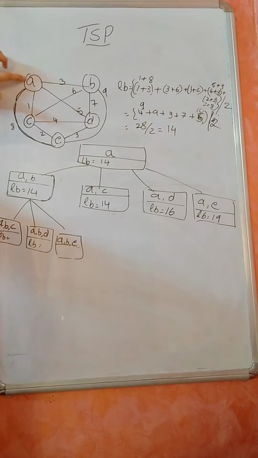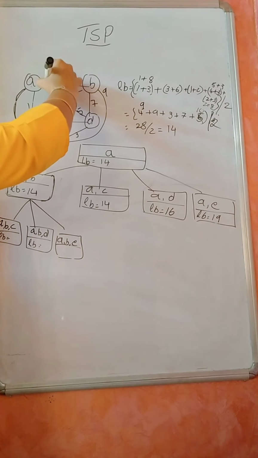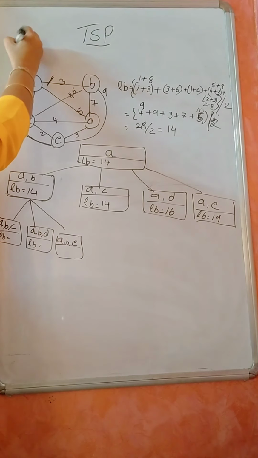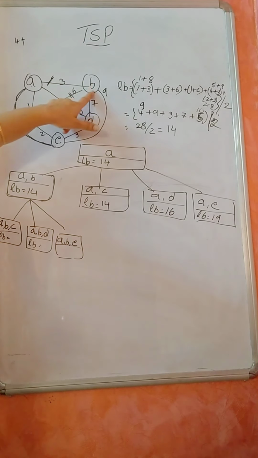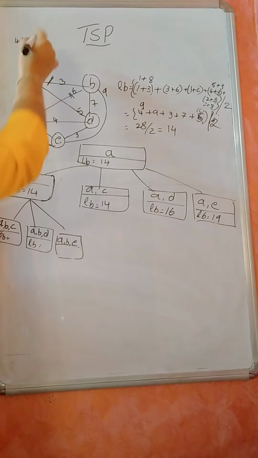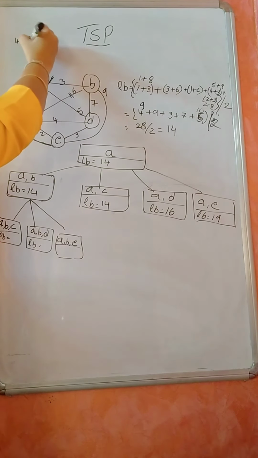So A to B is fixed, this 3 is fixed. Now, when I consider B to C, B to C is fixed. Now from here it is 1 plus 3, that is 4 plus. Now from B it is 6 plus 3, because 6 is already fixed, so it is 9 plus.